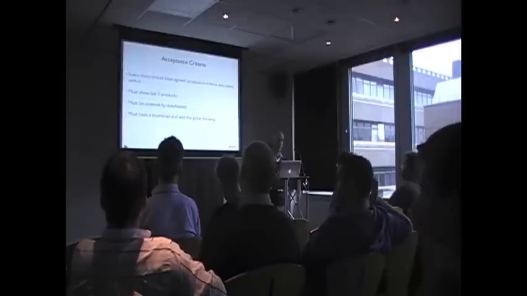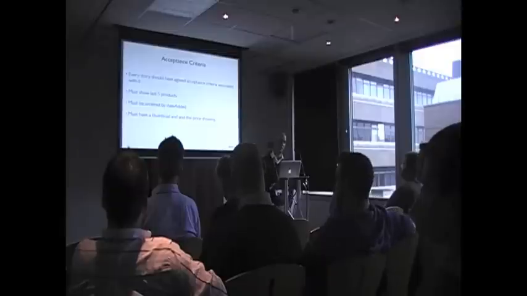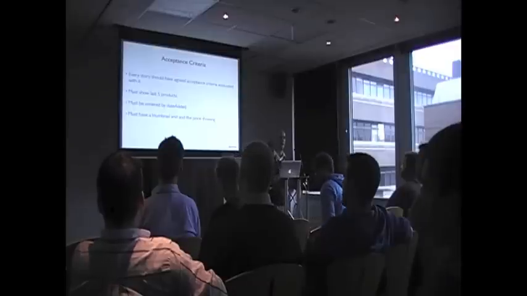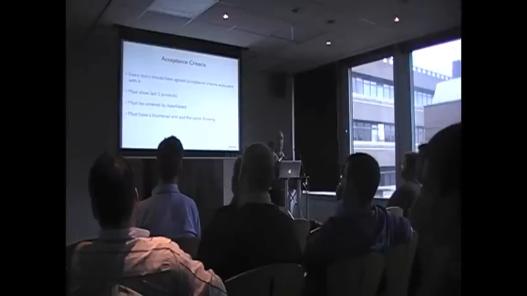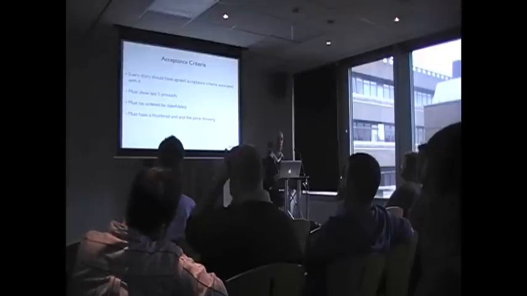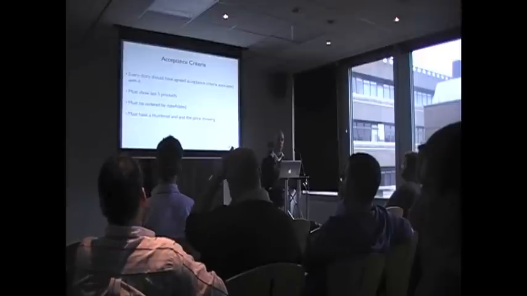One thing that's really important with user stories is acceptance criteria. How do you know that you've done the user story? How do you know that it's been completed to the client's satisfaction? So acceptance criteria for that story, for instance, would be: must show the latest 5 products, must be ordered by date added, must have a thumbnail and a price.